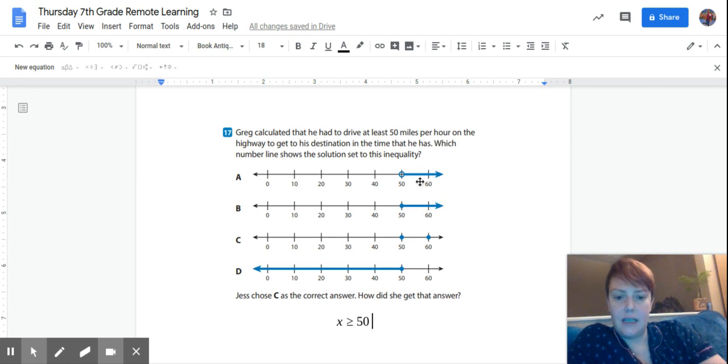So then we've got these three, and they're all pretty similar. So we've got this one, it's got an open circle. We've got this one, it has a closed circle, and this one is a discrete set of points. And these are continuous. So let's think about that for a second.